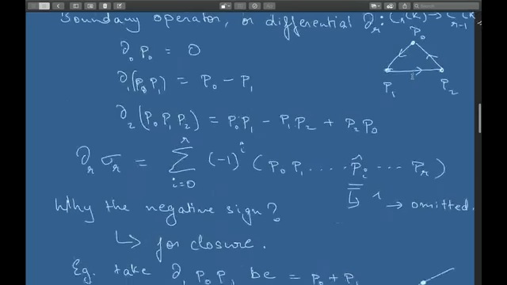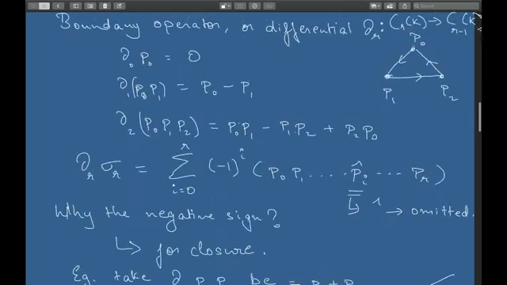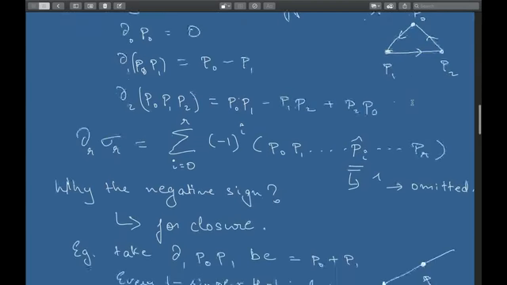So, for example, if p naught minus p1 is an arrow from p naught to p1, then p1 minus p naught will be the reverse arrow. So in the sense, the direction will change, right? Overall, if you want a deeper geometric meaning, it somewhat means that the simplexes are closed.